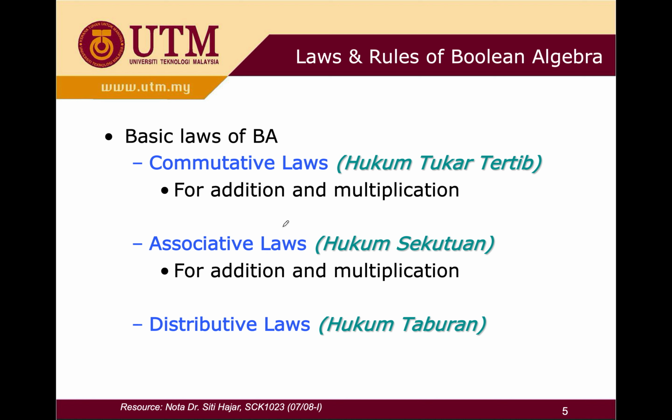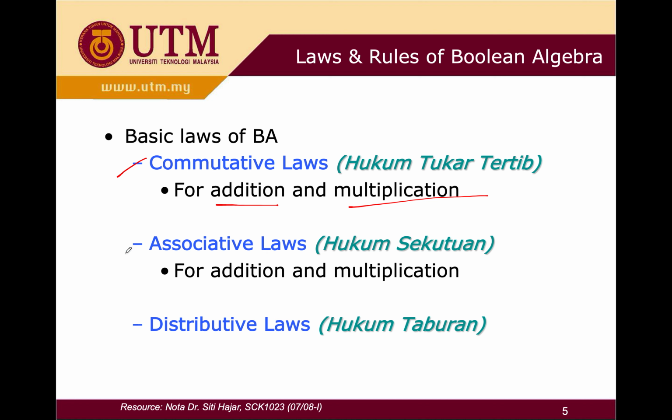So next, on laws and rules of Boolean algebra. In Boolean algebra, you need to know that there are 3 rules. First is the commutative law, or hukum tukar tertib. You're going to play around with addition and multiplication.